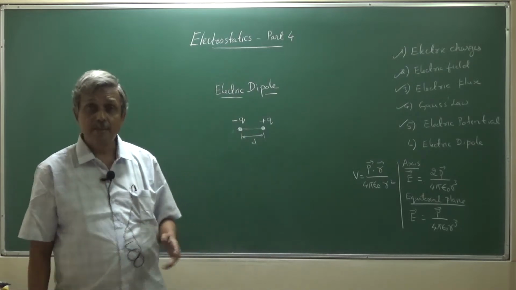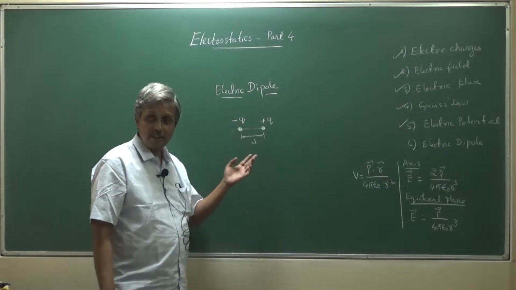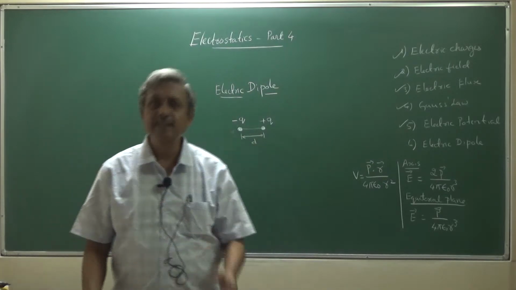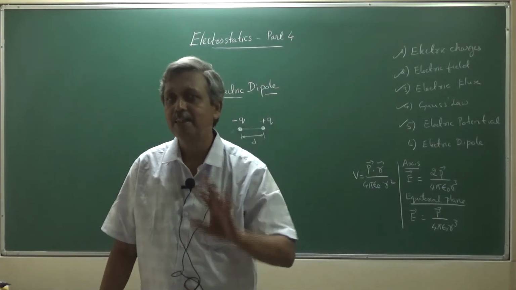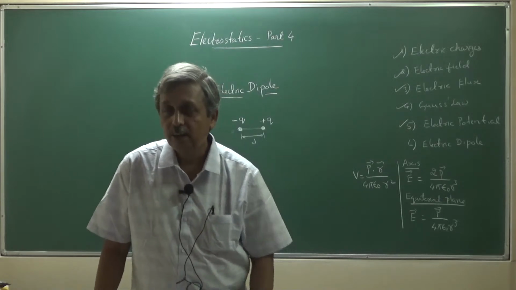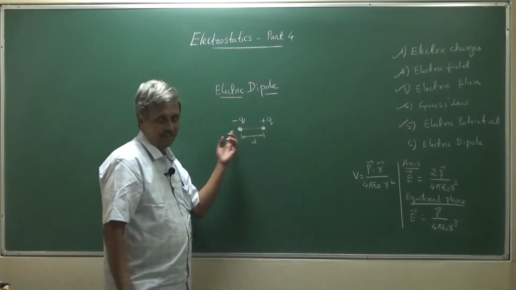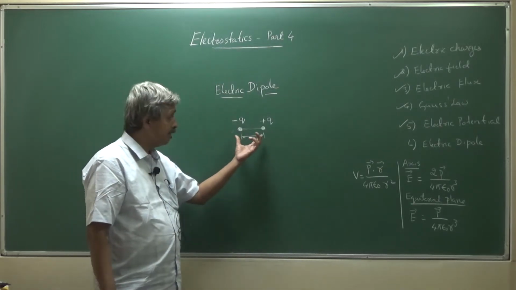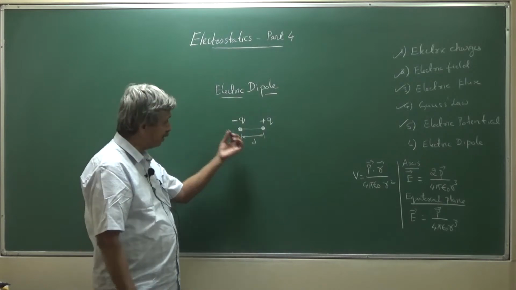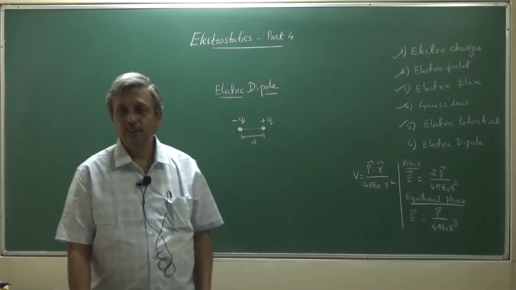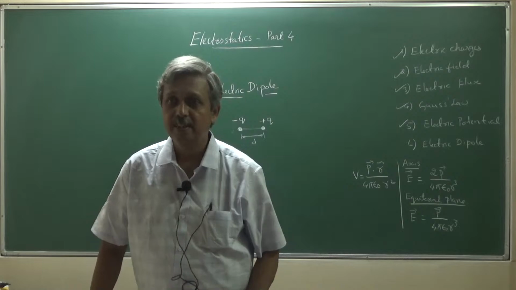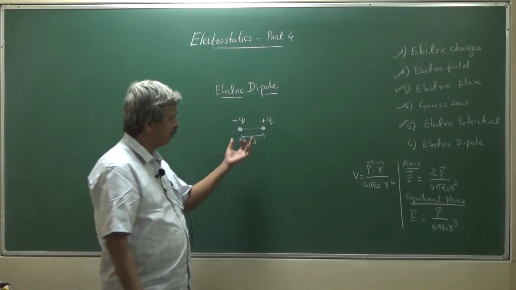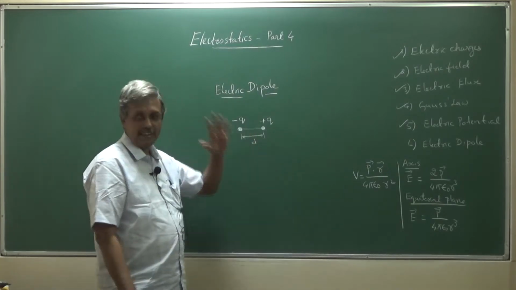Fixed can be because of certain electric forces which are holding them, or any reason. So they don't move away from each other, or move near to each other. They are fixed at that distance for some reason. What is that reason? We will see.